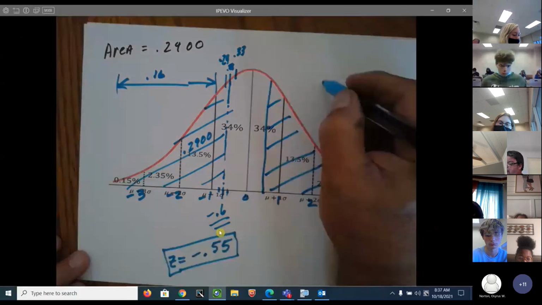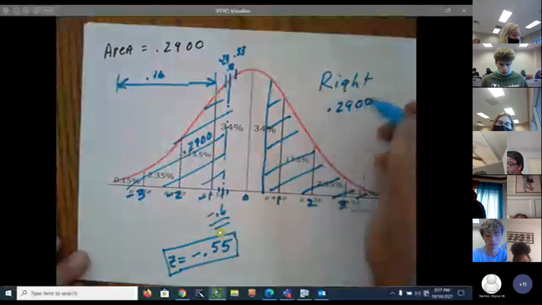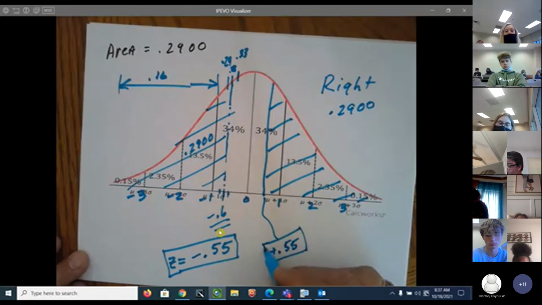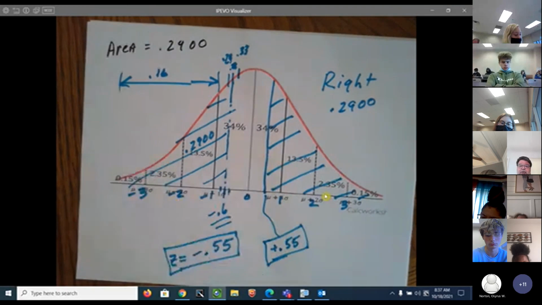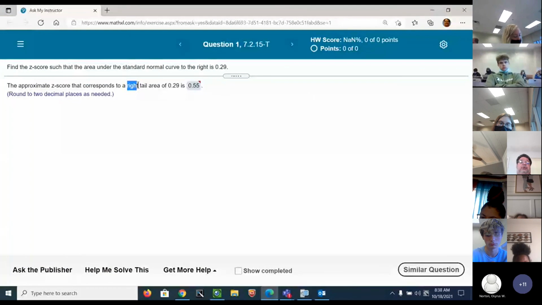If they said the right side is 0.2900, it would just be the opposite, so that would be positive 0.55. So we just did another problem. I'm sorry. If it says right, you put right tail. If it says left, you put left tail. We just did two problems. Sorry about that. If it says right, put right tail in your calculator.